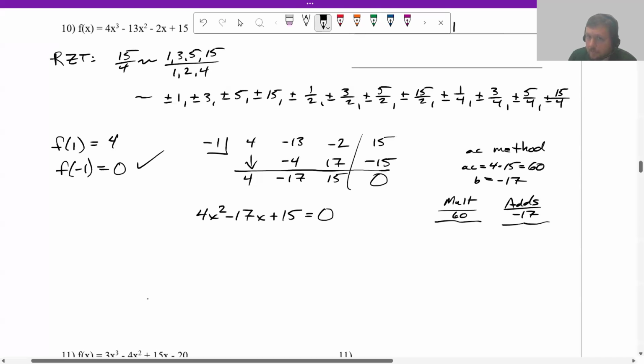And since they add to something negative, that means they're both negative. And like I said, you could go, -1 times -60 gives you 60, but those add to -61. -2 times -30 multiply to positive 60, and they add to -32. -3 times -20, so then I get -23.